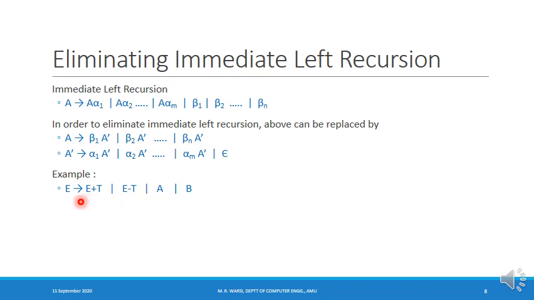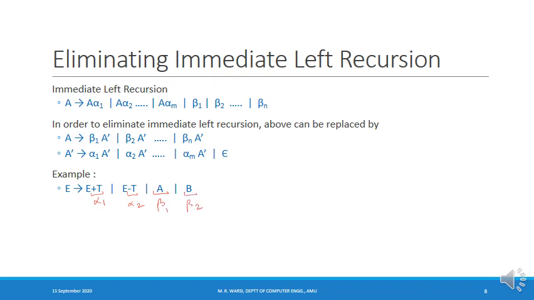Let us compare this grammar with this grammar. What is alpha 1, alpha 2 and so on, and what is beta 1, beta 2 and so on. So when you compare, you will find that this is alpha 1, this is alpha 2, and this is beta 1, and this is beta 2.